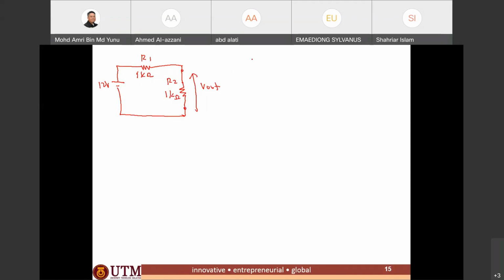So by calculation, if we know all the values, V out is basically V in multiplied by R2 over R1 plus R2.